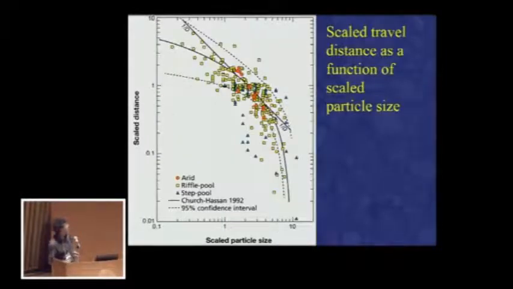The other relation, which I was very surprised to see survived a little bit more than the one before, has to do with the scale of particle size with the scale of distance. Although there are some data that plot below, far away, most of the data are still within the errors of the relation, even those from step pool morphology that were declared out of the range.